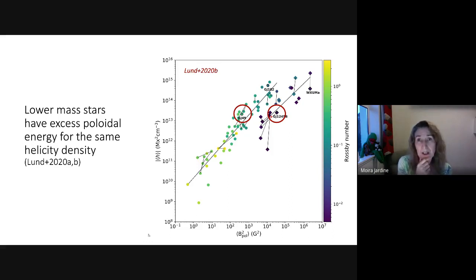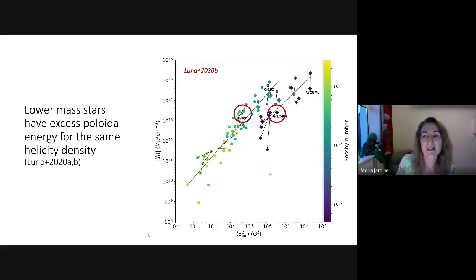The higher mass branch is composed of stars that will all have a tachocline. They're all capable of driving an interface dynamo in the same way that the sun does. The stars on the lower mass branch don't typically have tachoclines. Certainly the lowest mass ones of them don't. So they probably have a different type of dynamo. This behavior shouldn't surprise us, but the exact nature of it was surprising.